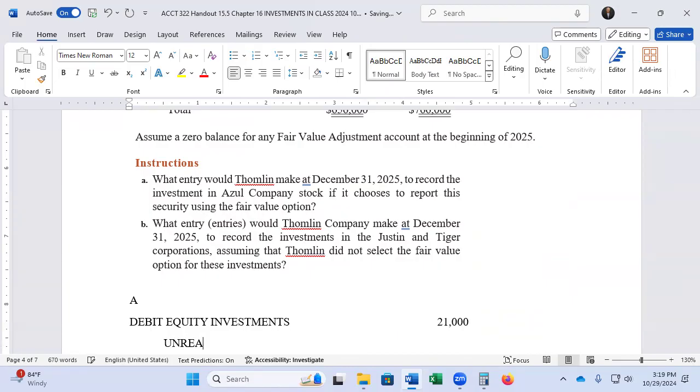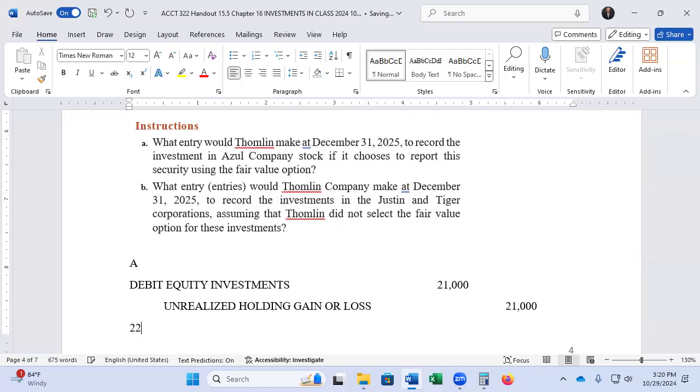And then we have unrealized holding gain or loss for 21,000. And that 21,000 is the 221,000 market value minus the 200,000 cost.